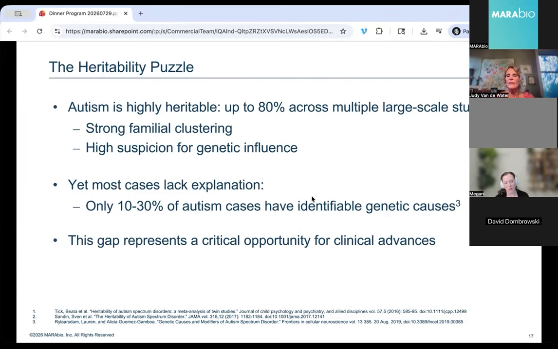And so we see autism occurring in multiple children across families. Genetics, or at least an identifiable genetic cause, isn't common in these families. So, what else is going on here? I think this gap really represents a critical opportunity for not only clinical advances, but clinical information for families in navigating this.